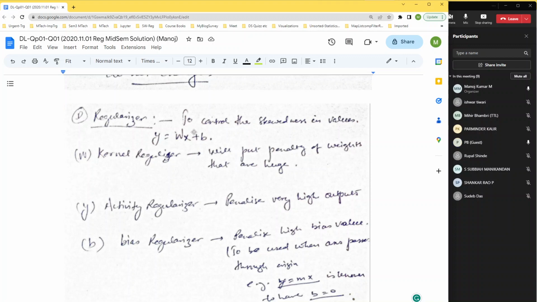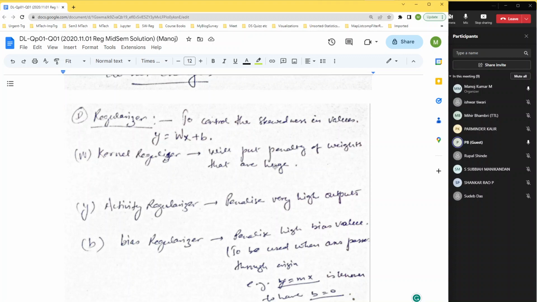Regularization to control the values, y is equal to w times x plus b. Kernel regularization will put a penalty on weights that are huge. Activity regularization penalizes very high outputs. So kernel regularization means it will put a penalty on weights that are huge.